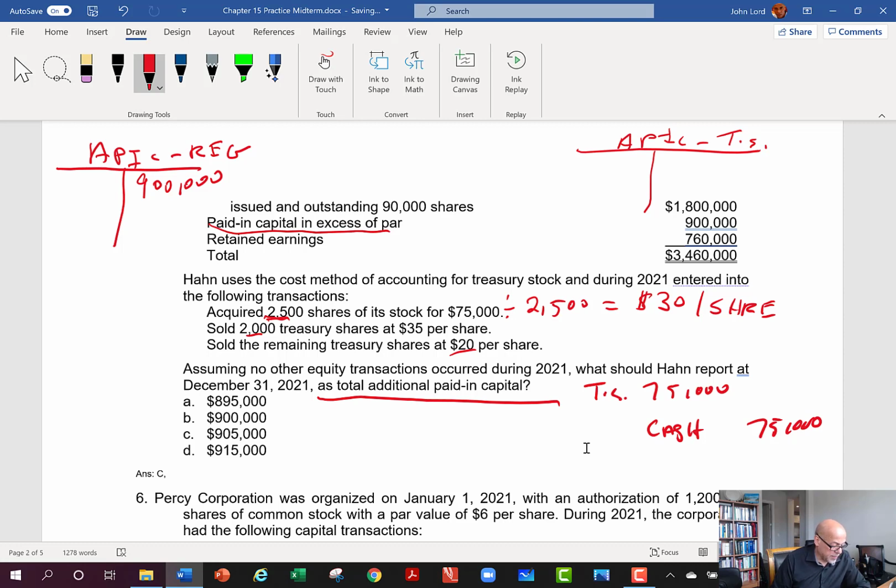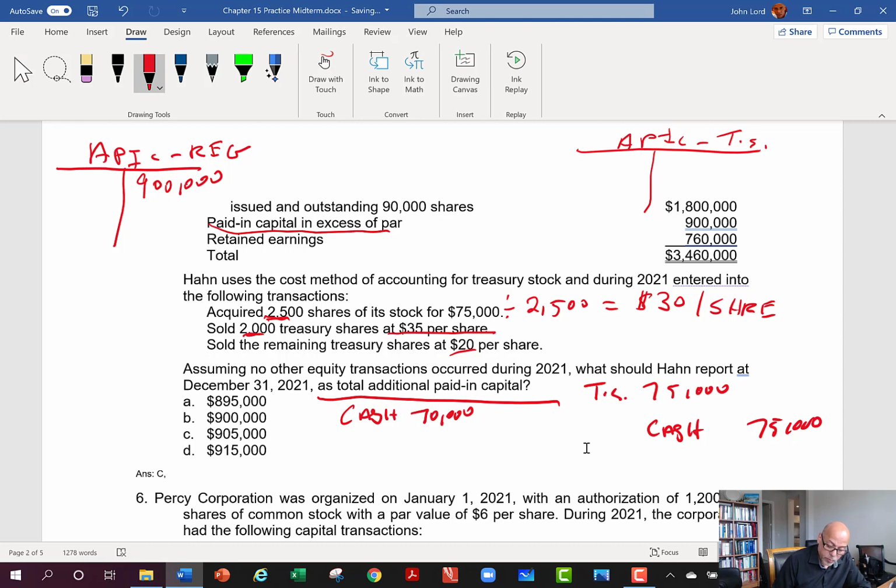So what happens? Then they have these 2,000 shares at $35 per share. Well, 2,000 times $35 per share is going to give me cash of 70,000. I debit that. And then I have to take those treasury stock shares out at the original price that I acquired them for.